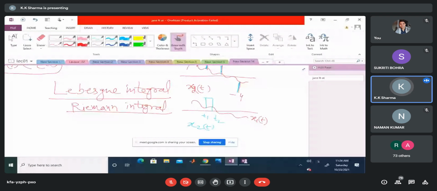Now the Lebesgue integral of these two signals will be different, because they are not differing at countable number of locations of measure 0, but they are now differing over an interval from T1 to T2. And the difference T2 minus T1 is not 0.